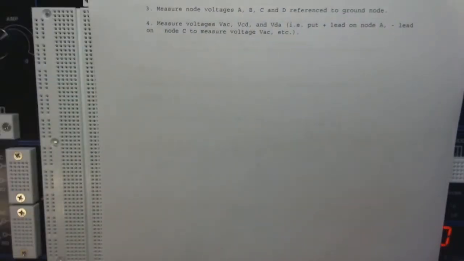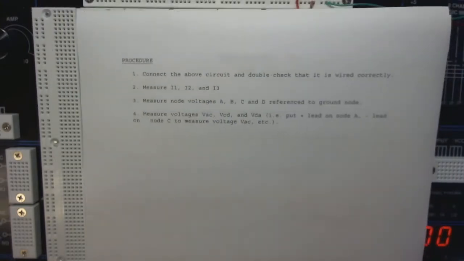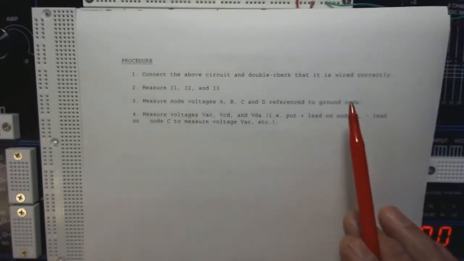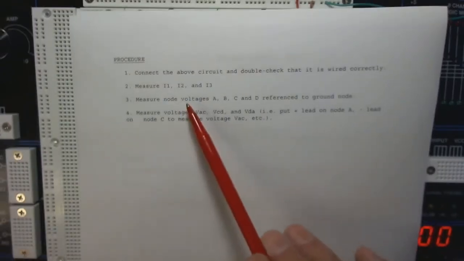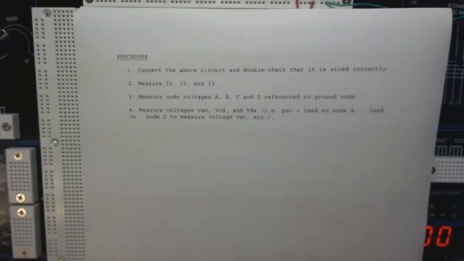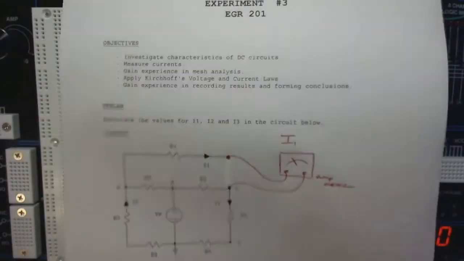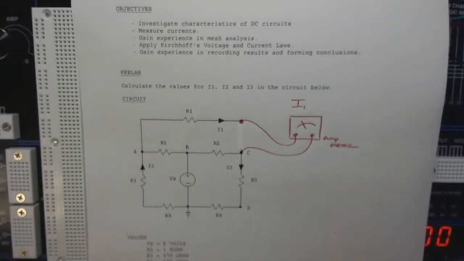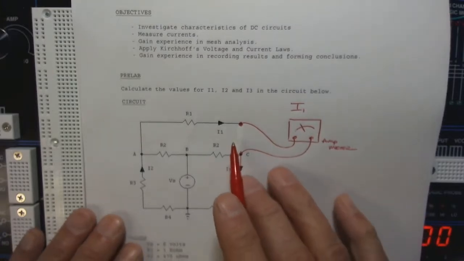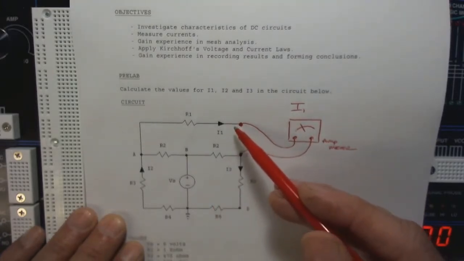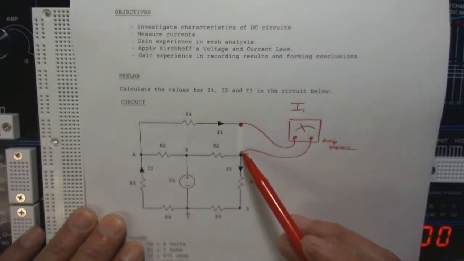Then we're going to be asked to connect the above circuit, double check it, measure I1, I2, and I3. Well, remember when we're measuring currents, like we learned in the last lab, if I want to measure I1, I have to disconnect the circuit. The circuit was normally going through there.